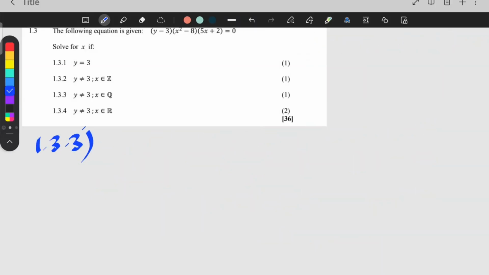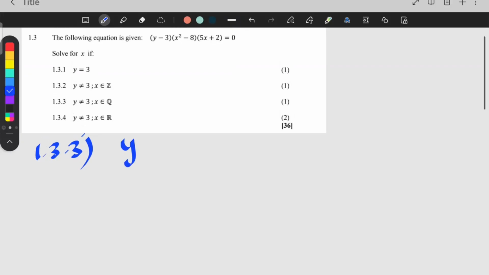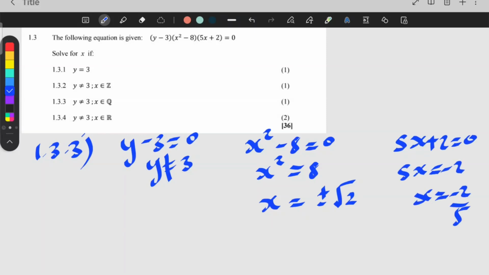Okay, next question. We are still solving for x. Y cannot be 3 and x is an element of the rational numbers. That Q over there, that symbol is rational numbers. Remember, we wrote all of this down already. Okay, so our solution is over here and there.